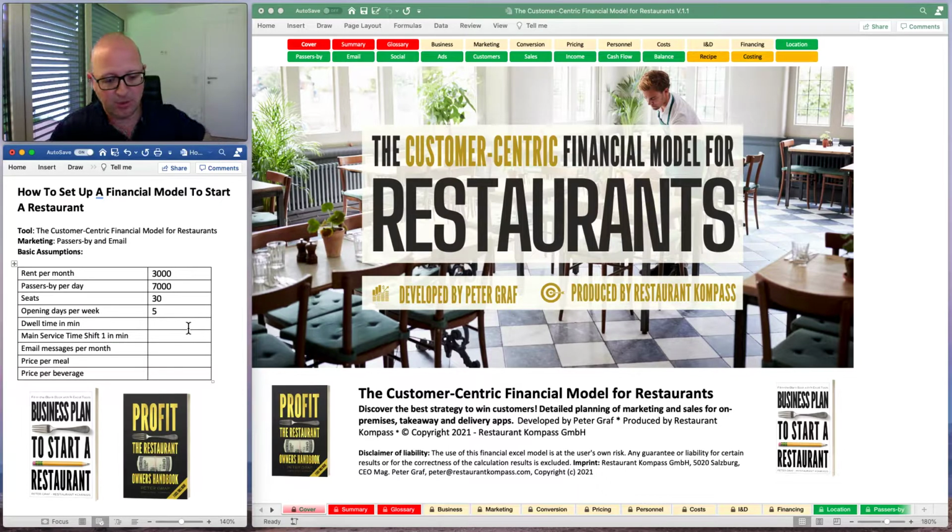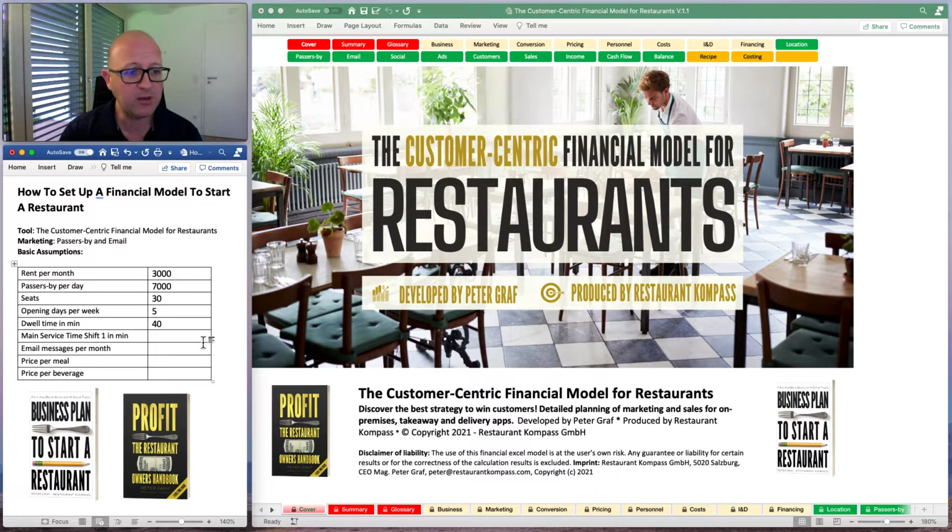This is already about customer behavior, and the question is important for capacity and utilization and for the sales you are able to make within your premises. If we think about a quick service burger restaurant, let's guess that our customer dwell time is on average 40 minutes.